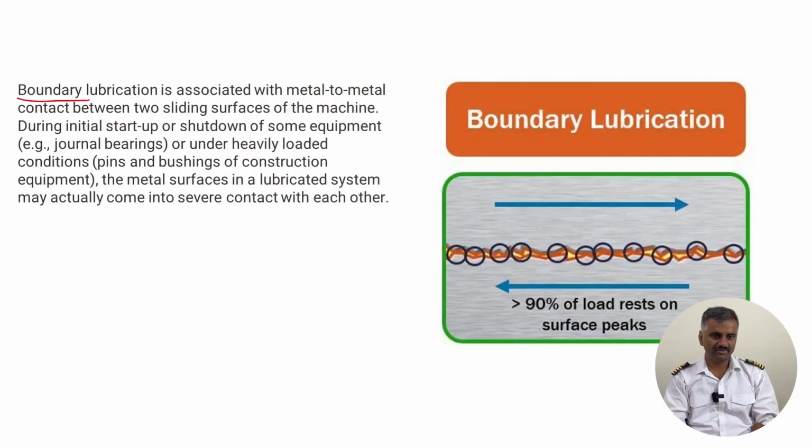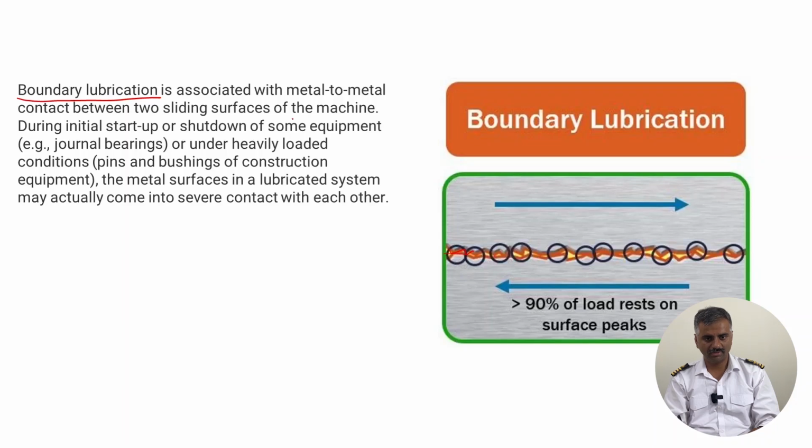That lubrication part is called boundary lubrication. So initially there is a chance of metal to metal contact like this, where 90% of the load rests here. You can see there is a minimal oil film, the yellow colored oil film, between the journal and the bearing, that is, between the shaft and the bearing.